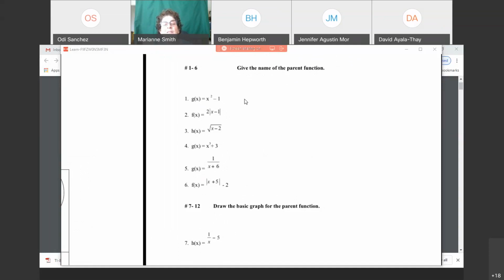We'll just do a couple of them. I don't want to spend a lot of time with them. How about number 1? What type of function is it? What family of functions does it come from? Anybody know what it's called?